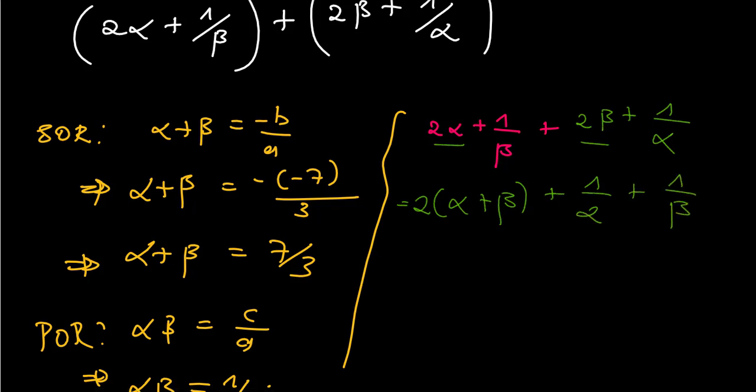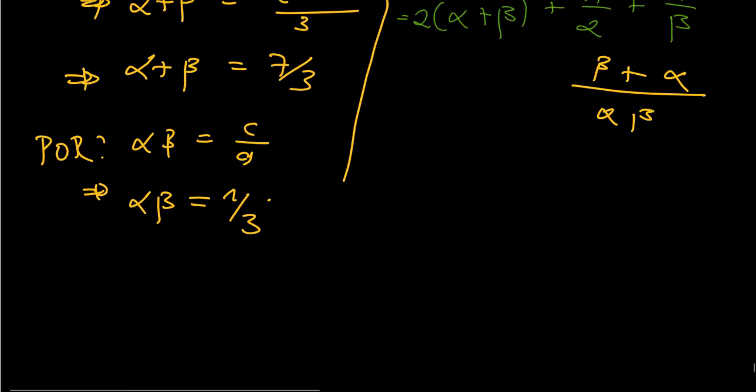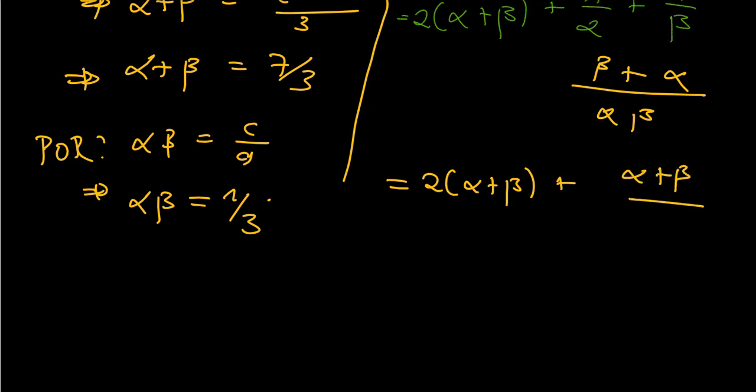On this side, I can take the LCM, which is alpha beta, and if I do that I have beta plus alpha divided by alpha beta. So this expression is the same as 2 into alpha plus beta plus, since beta plus alpha is the same as alpha plus beta, alpha plus beta divided by alpha beta.